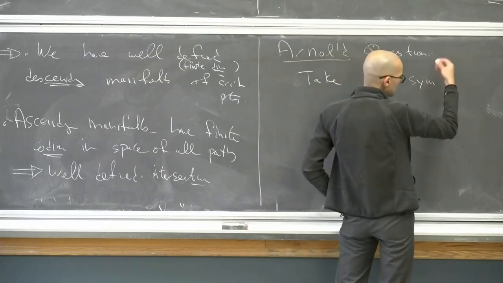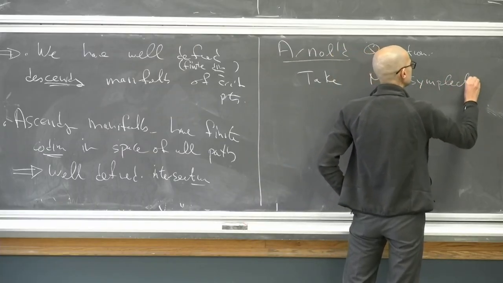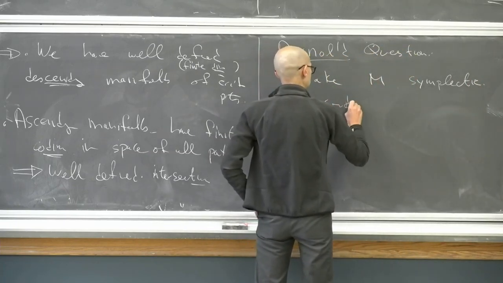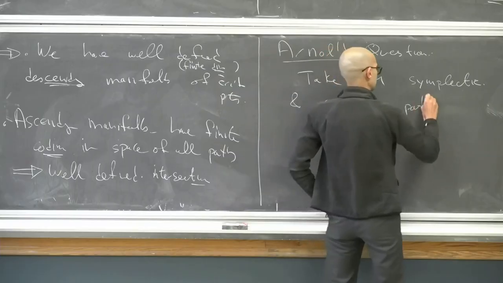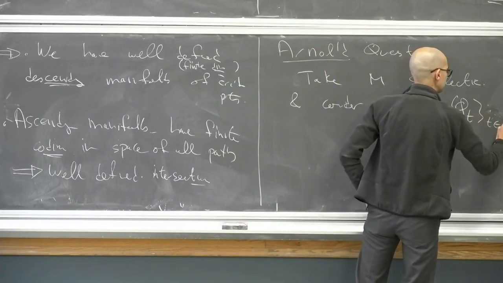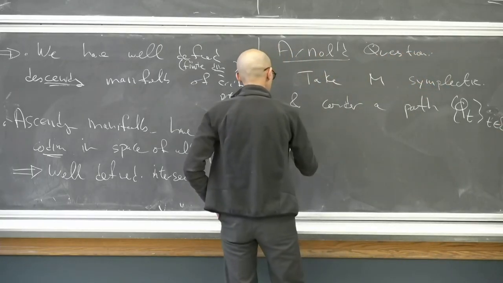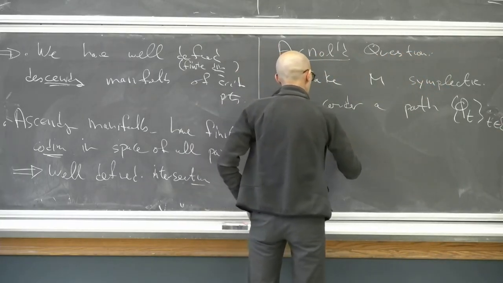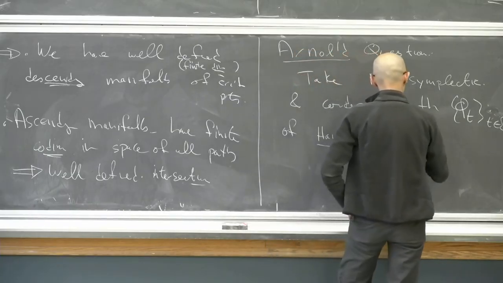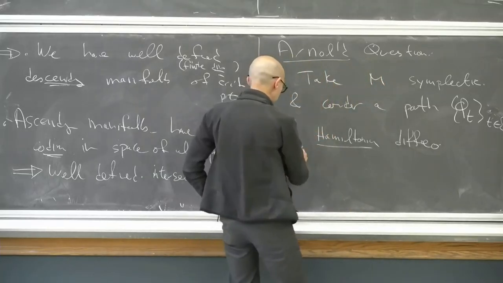Really, it should be compact or with some nice boundary, but not to worry too much about it. Consider a path phi of t, t in [0,1], of, there's a technical term here, Hamiltonian diffeomorphisms. I don't want to define it, it will take me a little bit too much time.